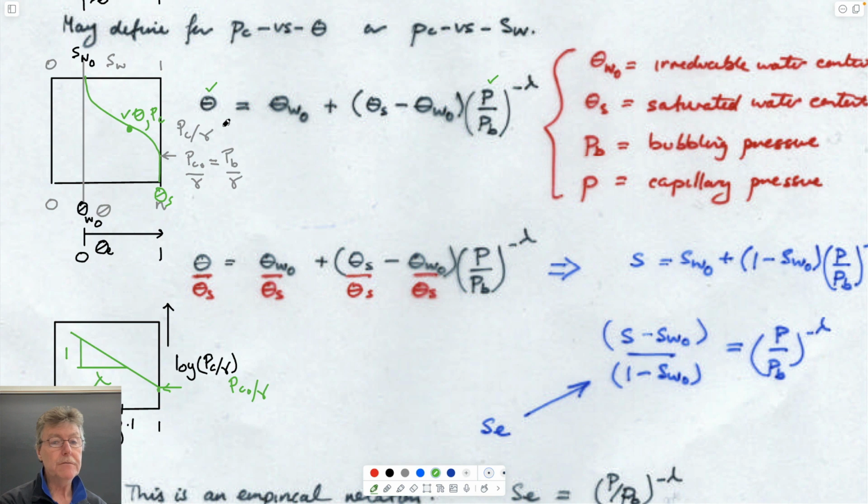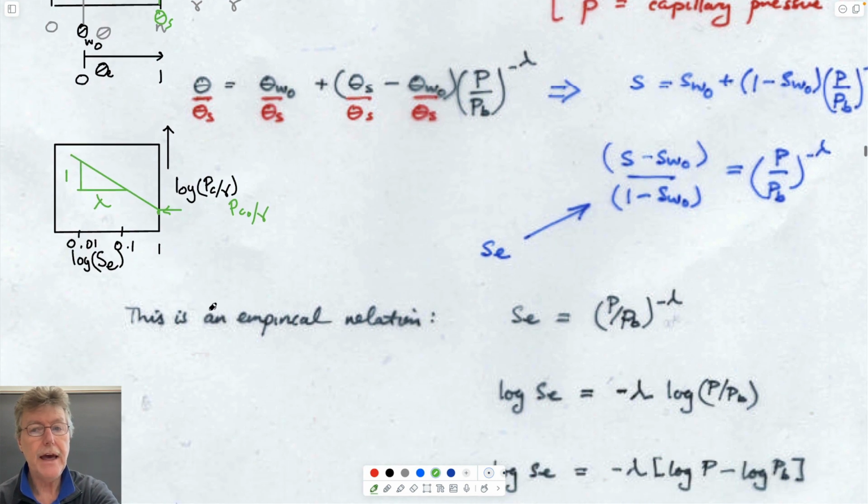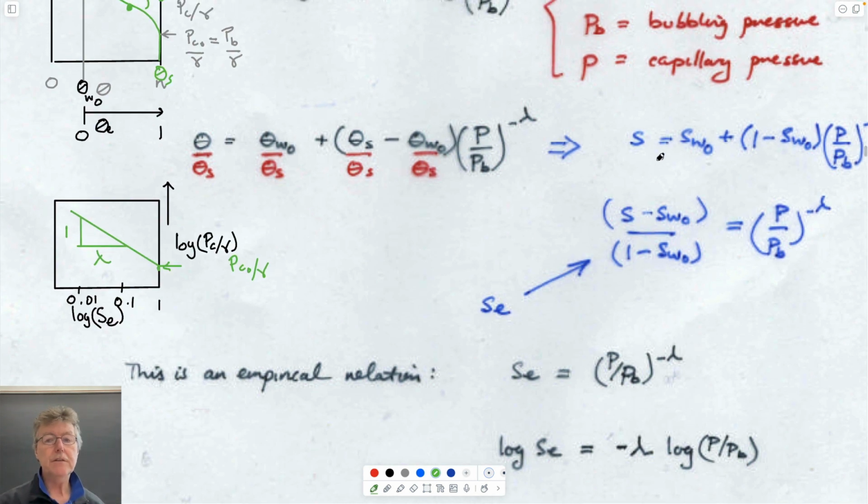So we could divide this whole expression through by the volumetric moisture content when it's 100% saturated. And this is going to be equal to the porosity by definition. If we do that, each of these terms, by definition, is the saturation. This by definition is the irreducible saturation due to water. This is 1.